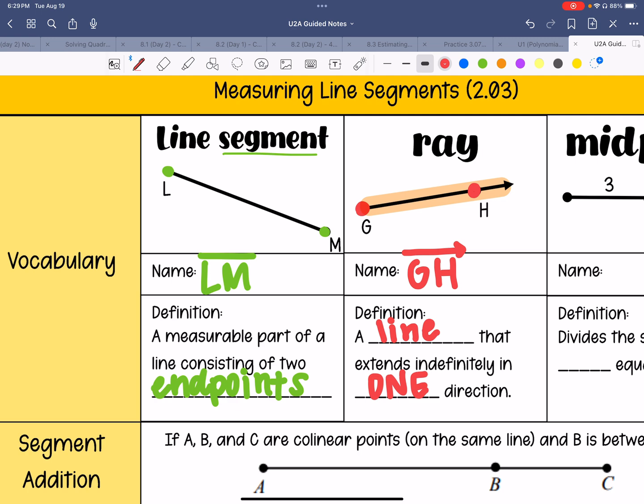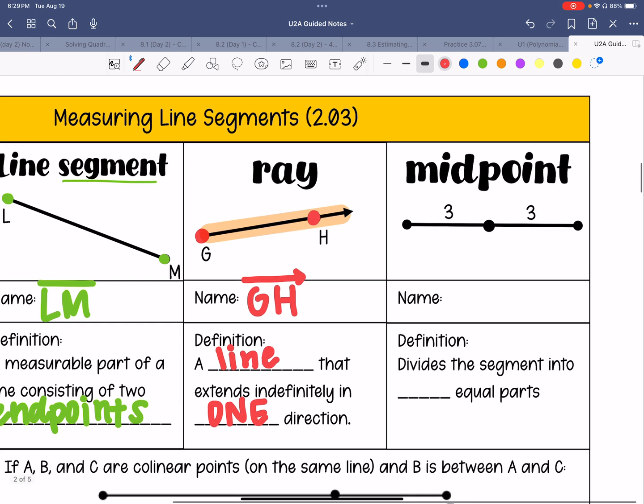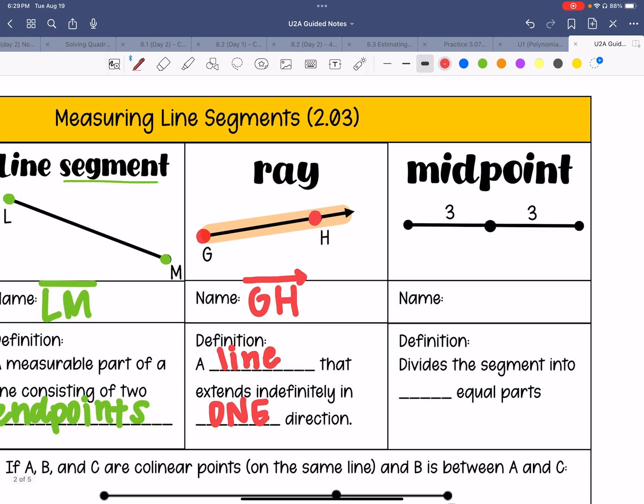And then lastly, we are going to be looking at midpoints. Now, what makes a midpoint special is that it is going to indicate equality. So we have A, B, and C. If B is in the middle, it is our midpoint, then that means that on either side of that midpoint, we have equal segment lengths. So from A to B, notice that that is 3 units.